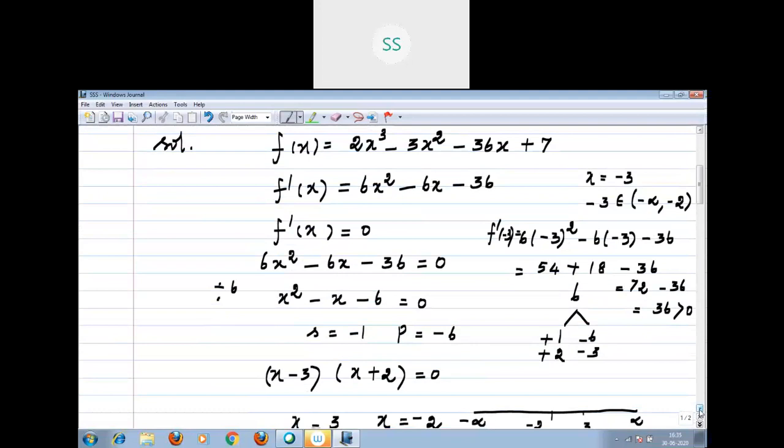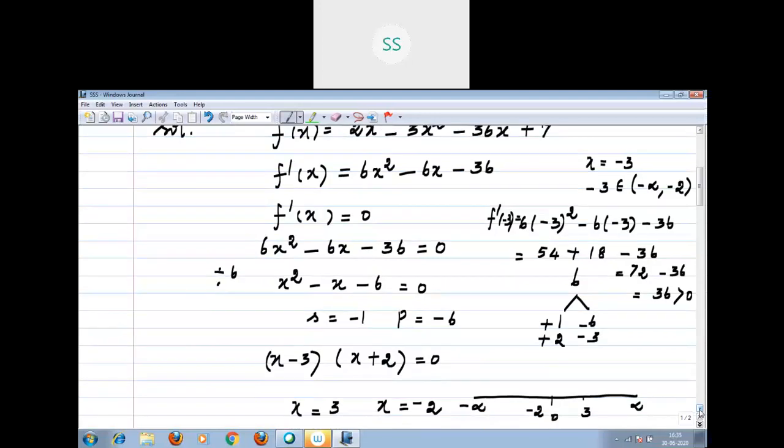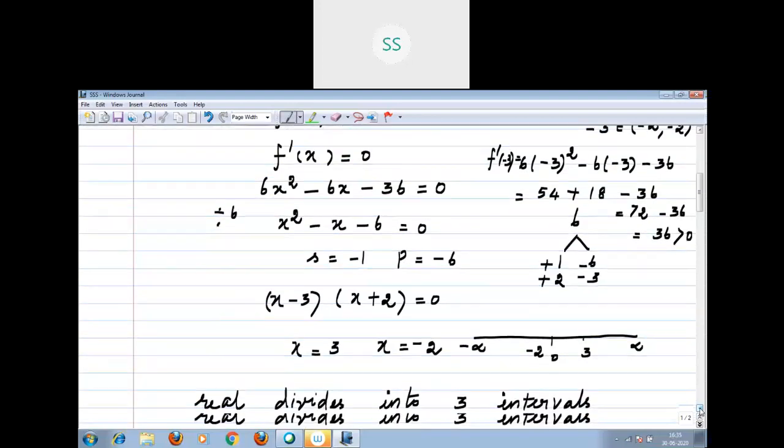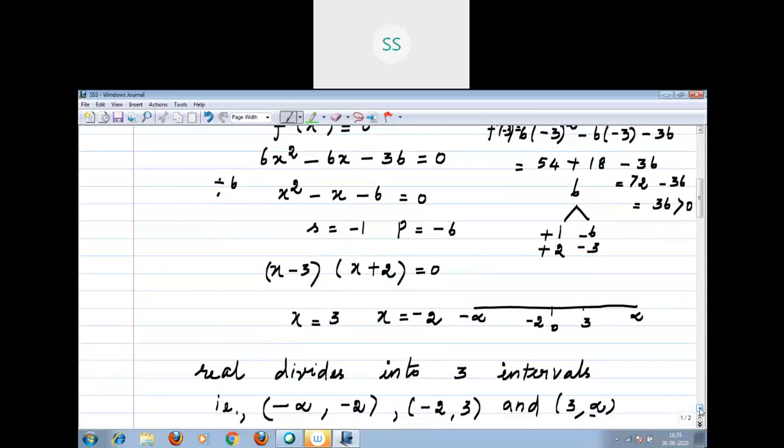You learnt these things in the 10th. Again, I recalled. Sum is negative, so based on the sum you have to select your possibility. If the sum is negative, the bigger number is negative and the smaller number is positive. So what is your answer? x minus 3 into x plus 2. When you equate with 0, x equal to 3, x equal to minus 2.